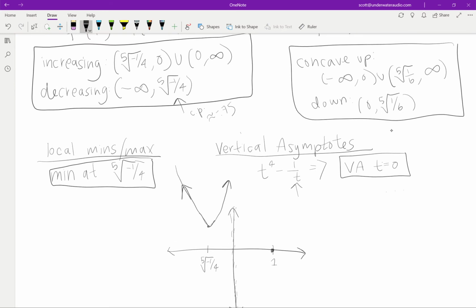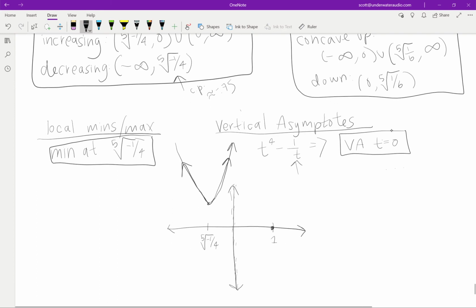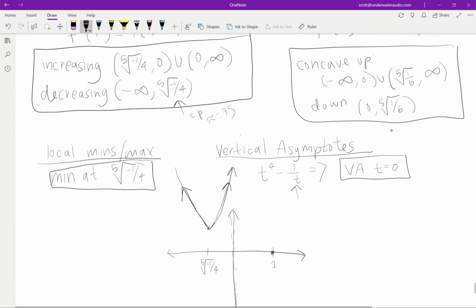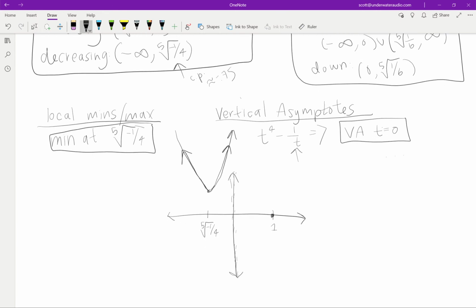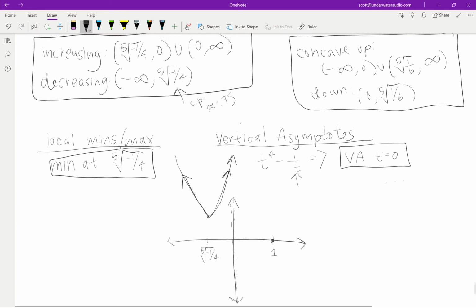So that gives me this guy. And then increasing towards 0. And then from 0 to 1, which is where my x-intercept is, it is increasing. Yeah, yep. So we'll go like that.